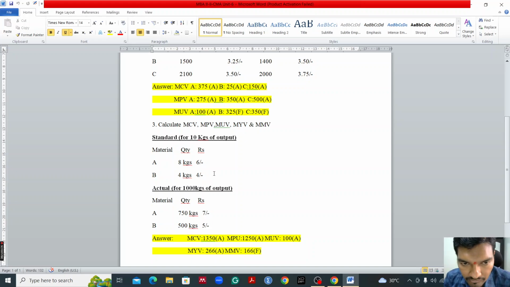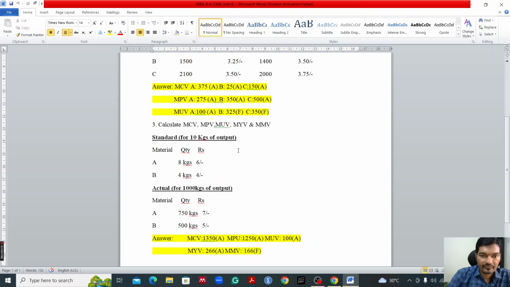All categories of material cost variance we need to do here, and we need to simultaneously verify this. So this sum is a little bit different from the rest of the two sums.